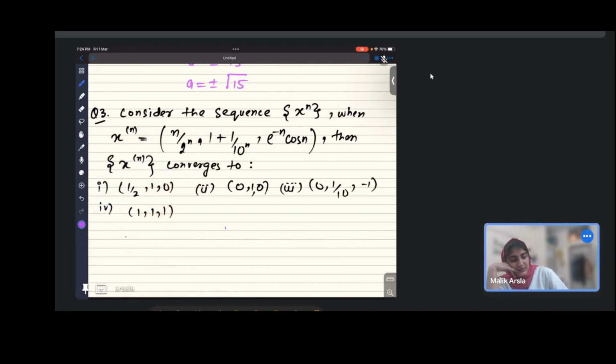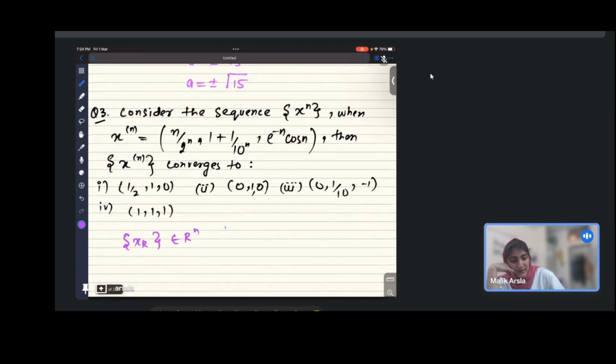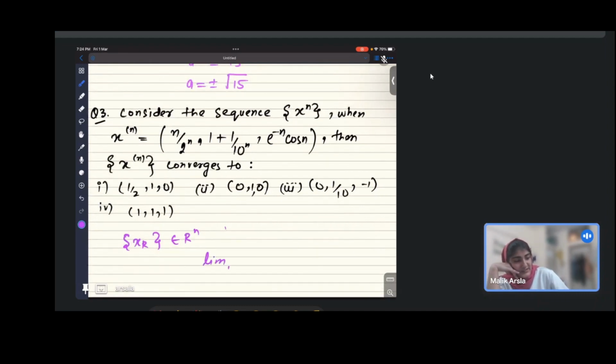You know that given a sequence xk belonging to R to the power n, we take the limit as k tends to infinity of xk; in our case k is replaced by n. This is how we find where the vector converges.